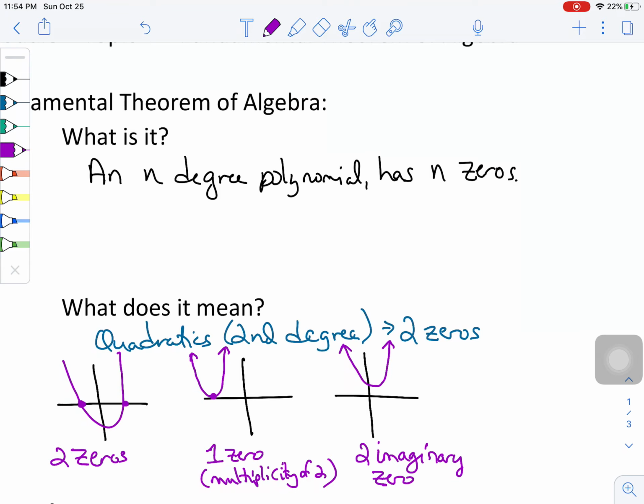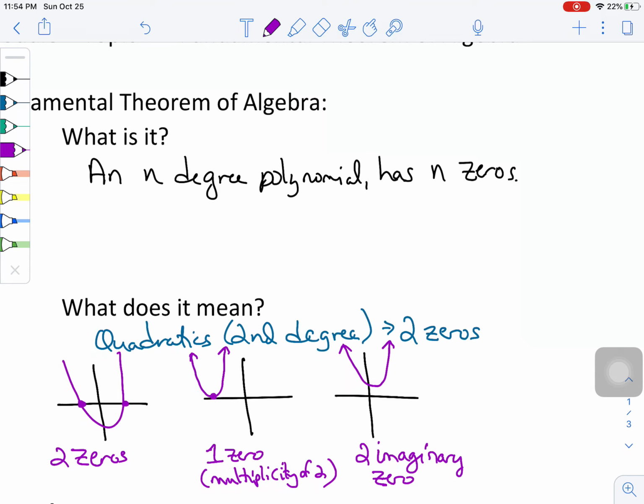So imaginary values exist. We use them all the time in math. You just can't graph them on the real number system. So when you have a quadratic that does something like this, it's just imaginary zeros. It's not a big deal, all right? But it still has two zeros. They're just imaginary zeros. So that's what would happen if you had a quadratic.